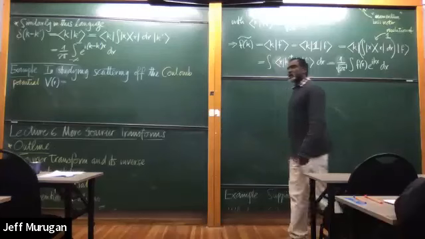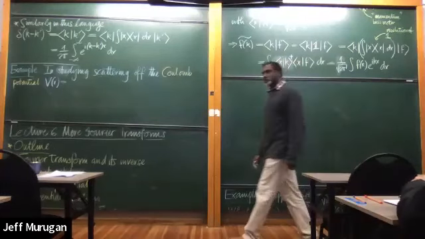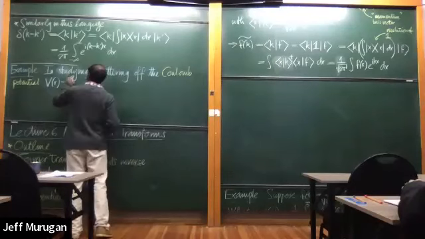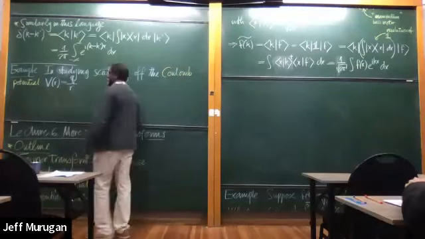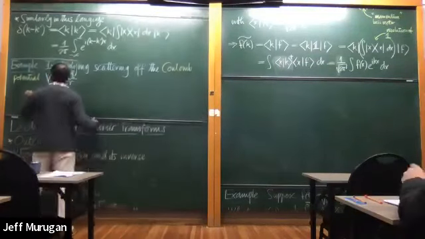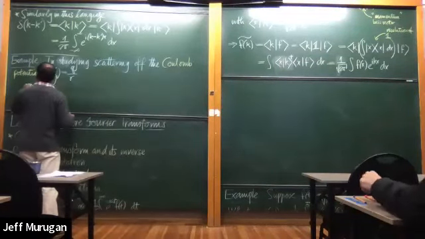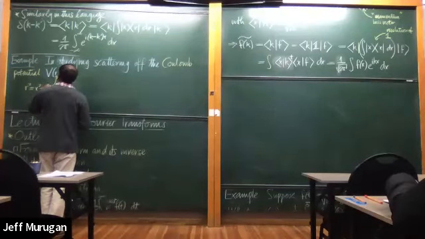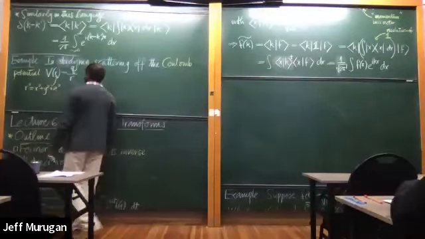So r is a 3-dimensional position vector, with r the square root of x squared plus y squared plus z squared. And the Coulomb potential is just Q over r.